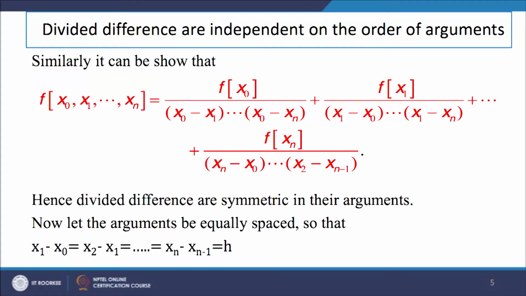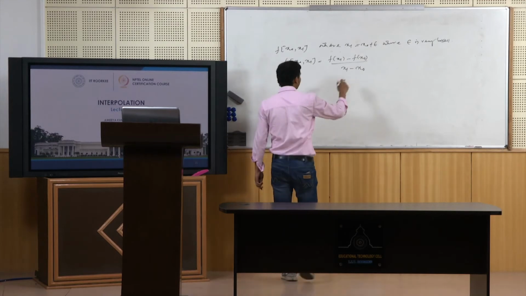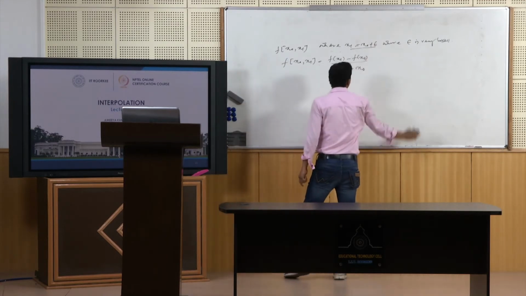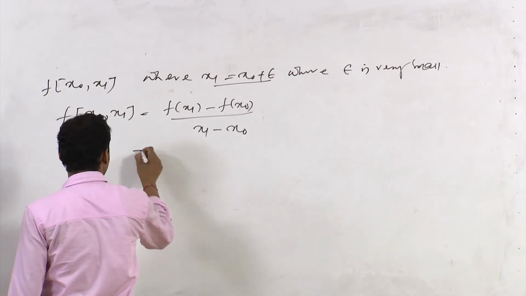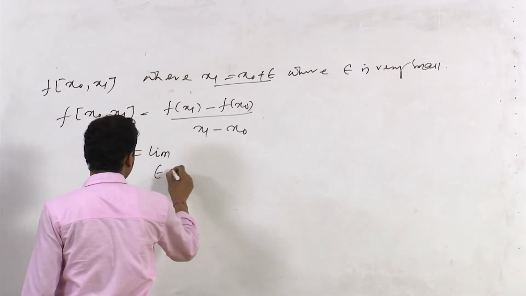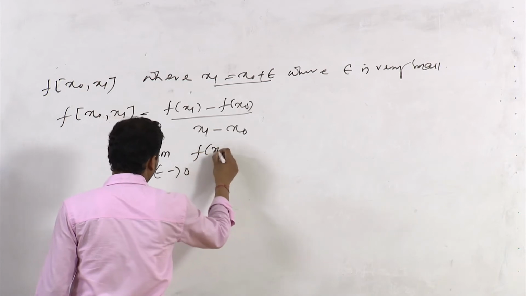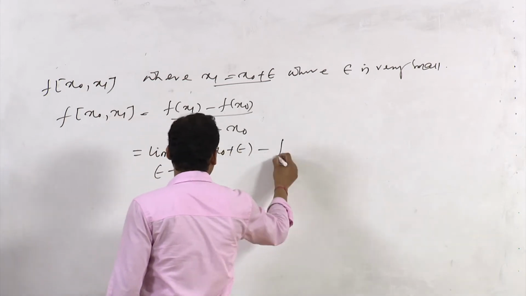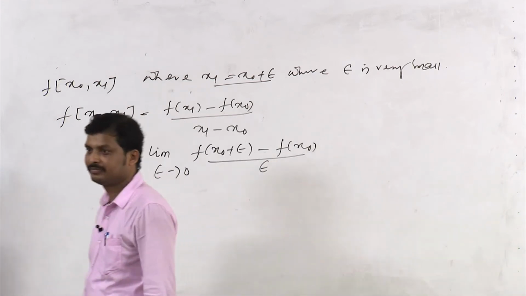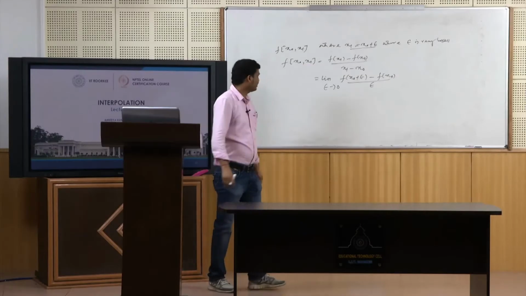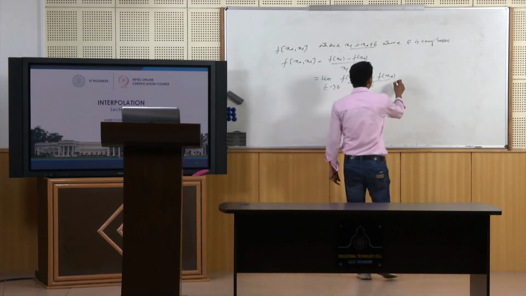But if you replace this x1 with x0 plus epsilon, where epsilon is very small, we can write this statement as the limit epsilon tends to 0 of f of x0 plus epsilon minus f of x0 divided by epsilon. And obviously this is nothing but f dash of x0.